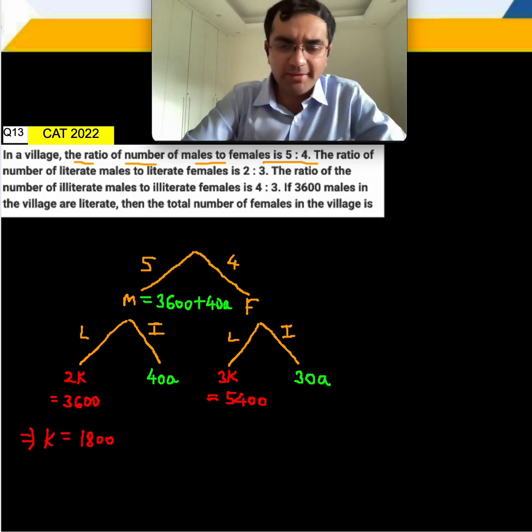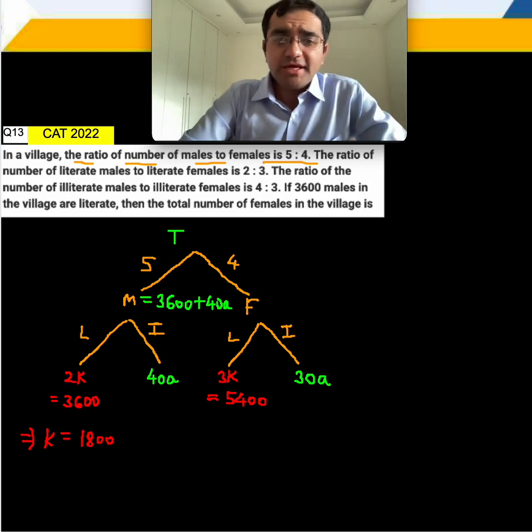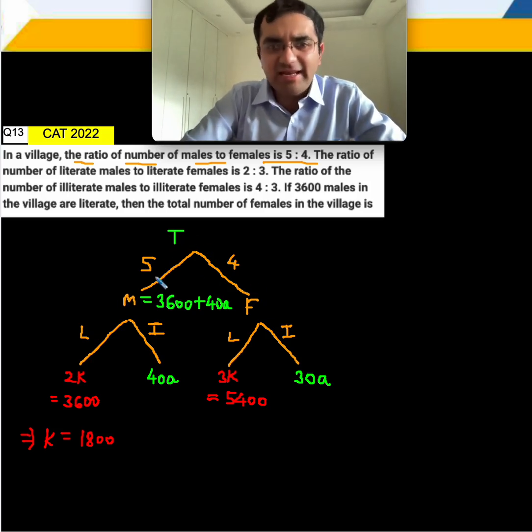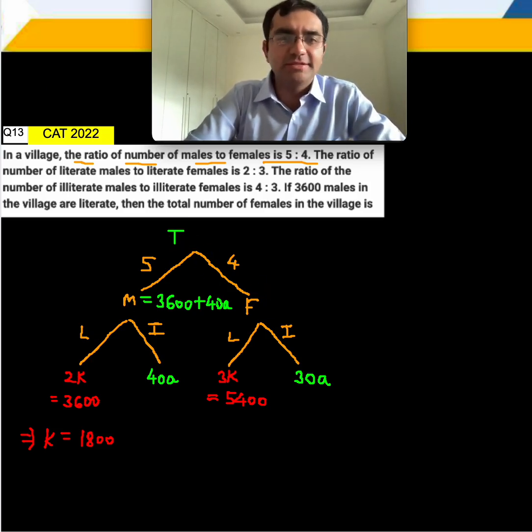You'll understand why. ठीक है? And ये आपका total आ जाएगा. So total is divided 5 parts male, 4 parts female, और 5/9 males, 4/9 females. ठीक है?